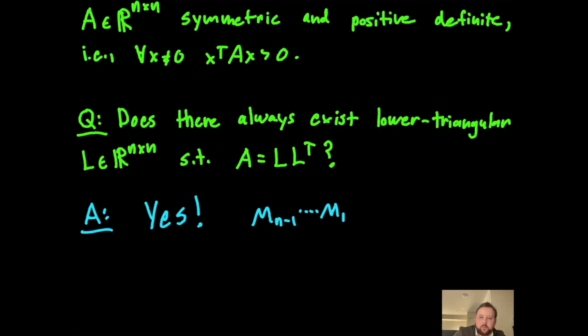I would pre-multiply A by some sequence of these matrices, and this would give us an upper triangular matrix U. But this is a completely different type of factorization, in the sense that we don't have to think about it in terms of multiplying these elementary matrices. We're going to get a nice inductive proof that's going to tell us how to compute it step by step.